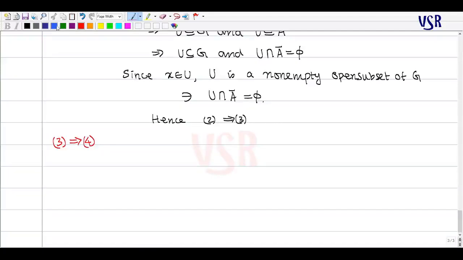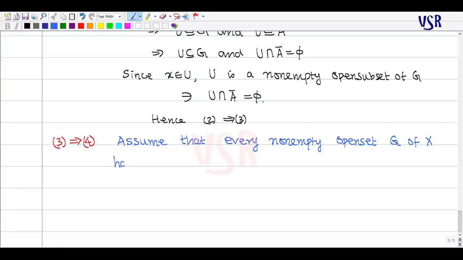Assume that every non-empty open set G of capital X has a non-empty open subset U of G such that U intersection A closure is equal to empty.